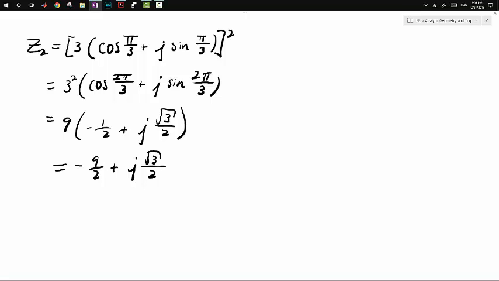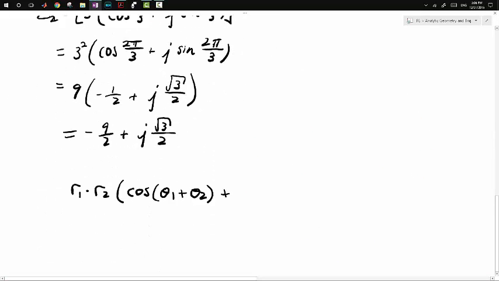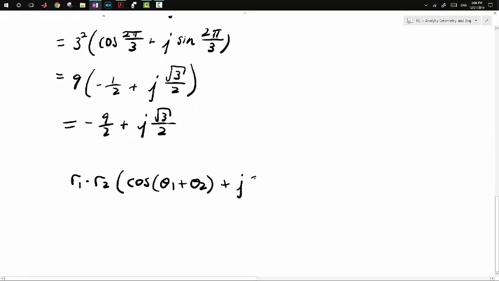The equation is R1 times R2 times cosine of theta 1 plus theta 2, plus j sine of theta 1 plus theta 2.